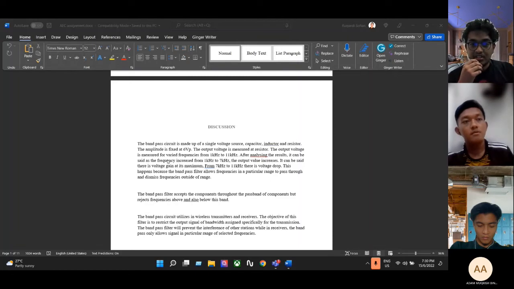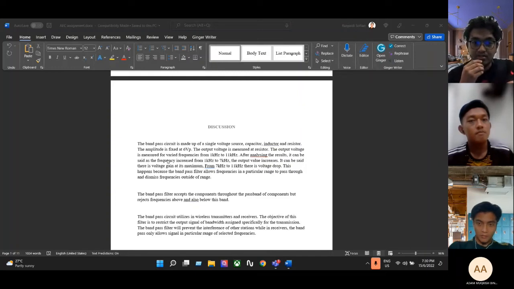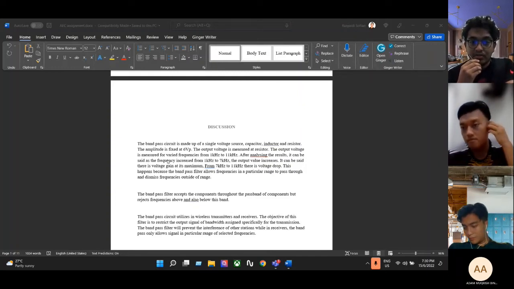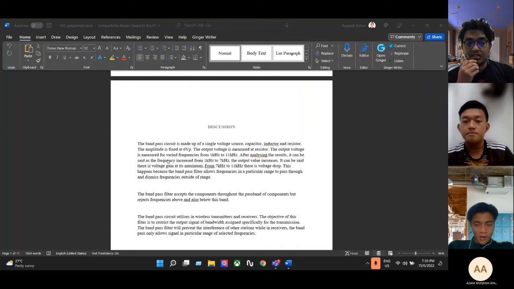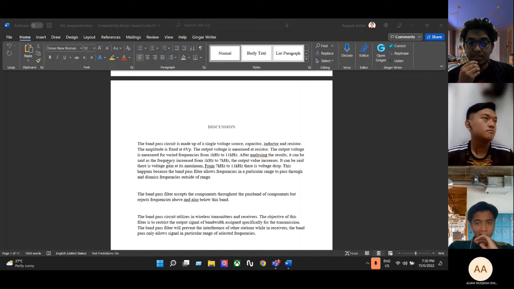After analyzing the result, it can be said that as the frequency increases from 1 kHz to 7 kHz, the output value increases, and there is voltage gain at its maximum. From 7 kHz to 11 kHz, there is voltage drop.